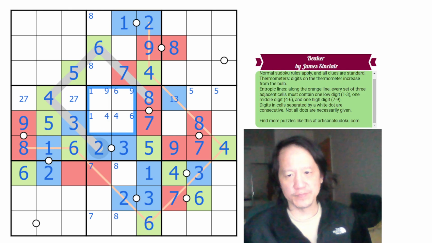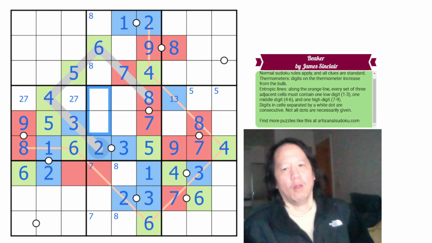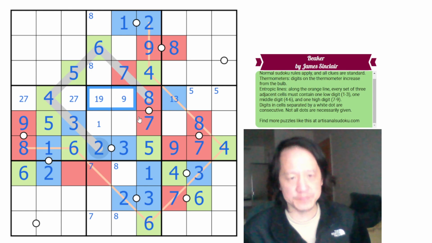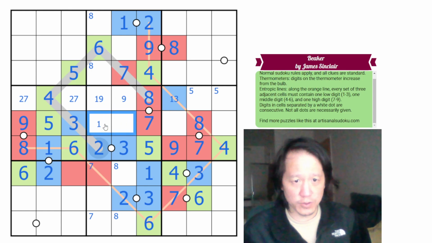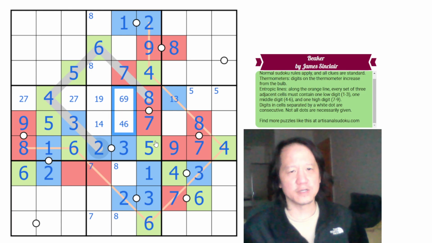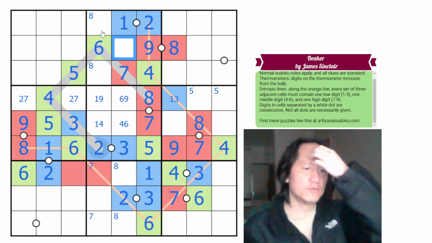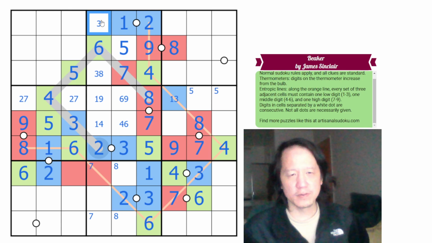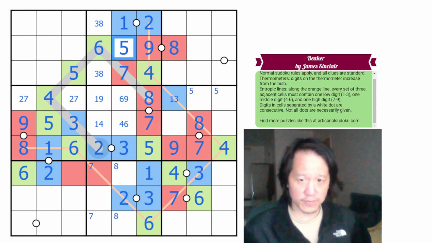So one of these could be 1, one of these could be 9, one of these could be 4, and one of these could be 6. What's the remaining cells here? It's 3, 5, and 8, but this can't be 3. And this can't be 8, so therefore this is 5, which makes this a 3-8 pair. This is 5 in the middle.